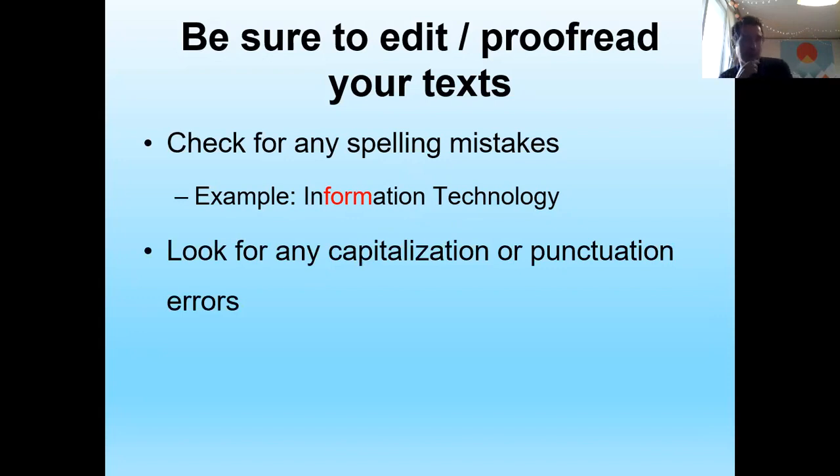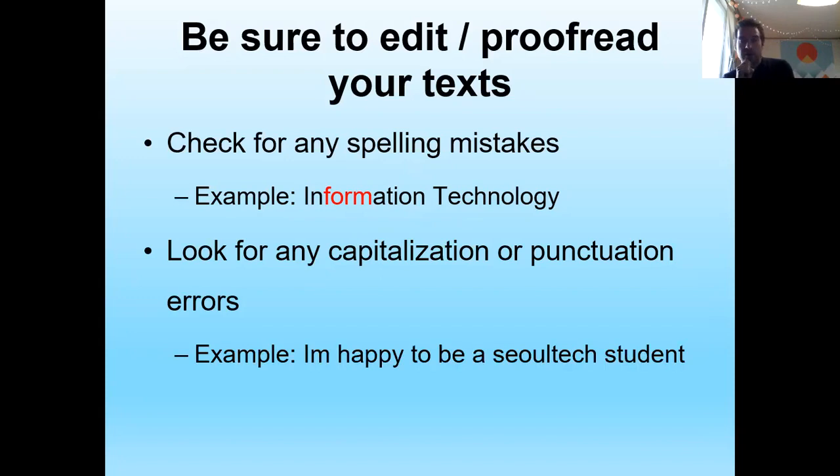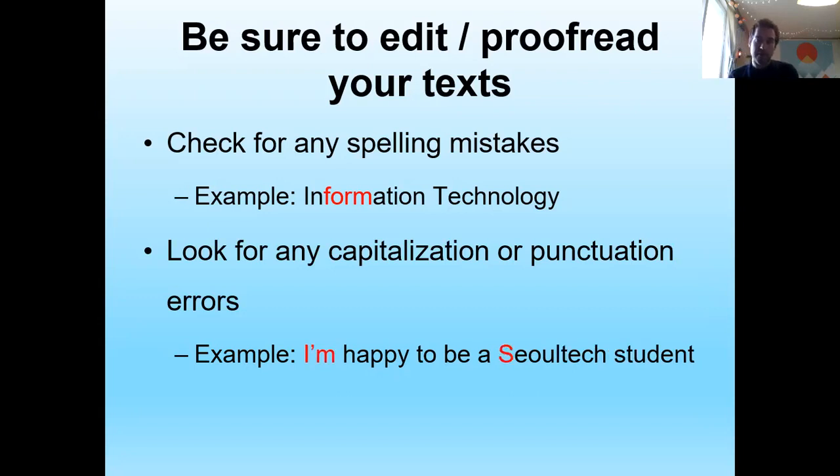Also, look for any capitalization or punctuation errors or mistakes. What's an example here? Actually, there are two. I'm is missing the apostrophe, and Soltech should be capitalized, just like that. You must proofread because naturally, as humans, we make mistakes the first time we do things. So if you don't proofread, you won't catch the mistakes you make.